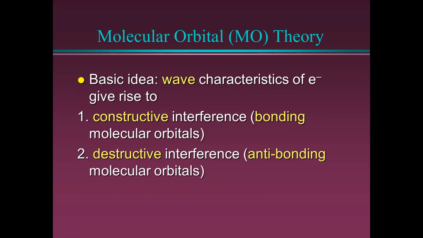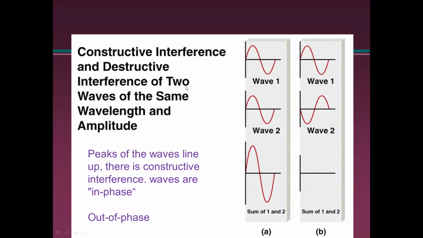So what is constructive and destructive? I hope you have learned this from your physics, but if not, it's okay. This is wave 1, and you see that as a function of time, the wave shows a magnitude that is higher and lower. Another wave has the same phase, which means at the same time this wave reaches a maximum, the other wave also reaches a maximum. In that case, we call them in phase.